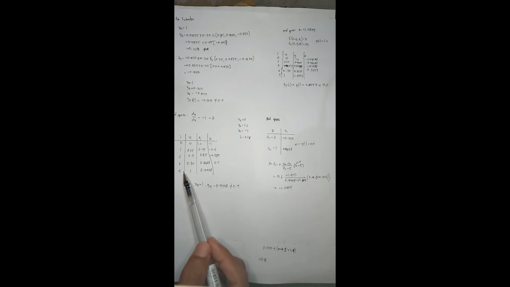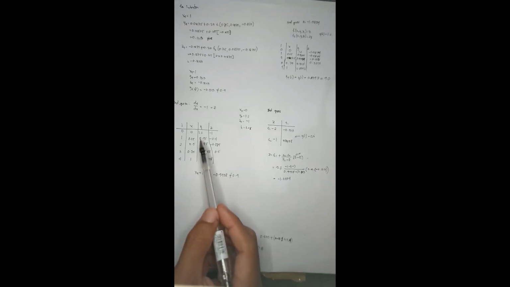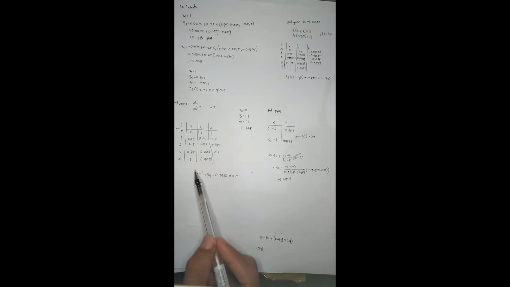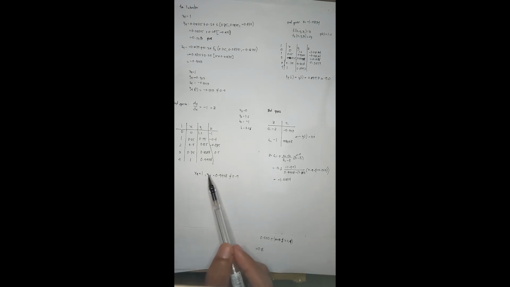For I4, our x is 1, our y is 0.9938. x4 is equal to 1 and y4 is equal to 0.9938, also not equal to 0.9.